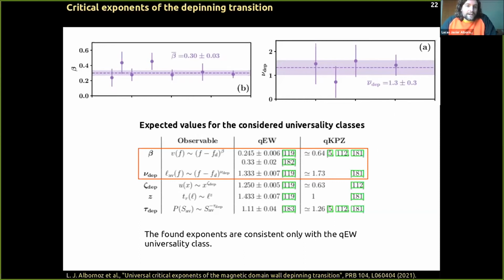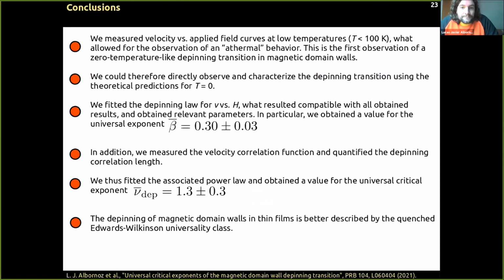So we have measured velocity versus field curves at low temperatures. This allowed for an observation of an athermal behavior. This is the first observation of the depinning transition in these conditions in magnetic domain walls. We could therefore directly observe and characterize the depinning transition using predictions for zero temperature.